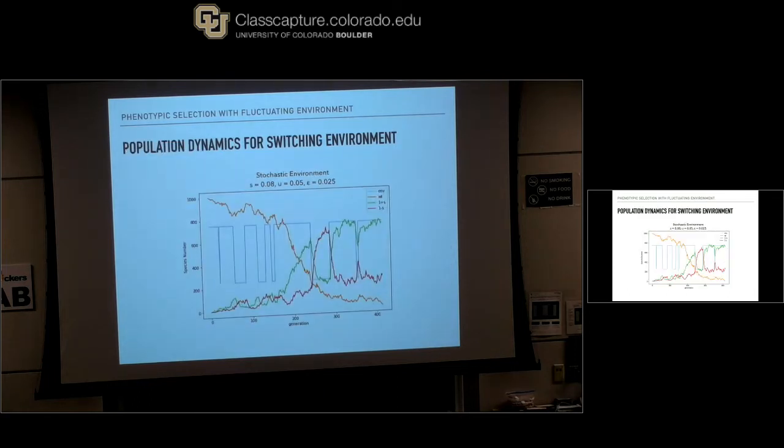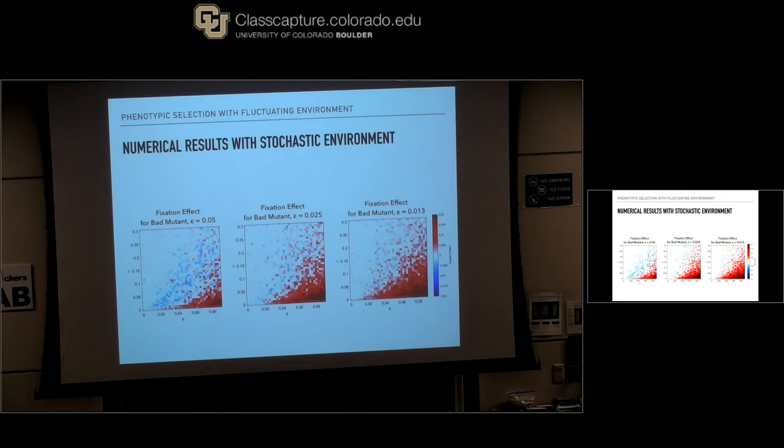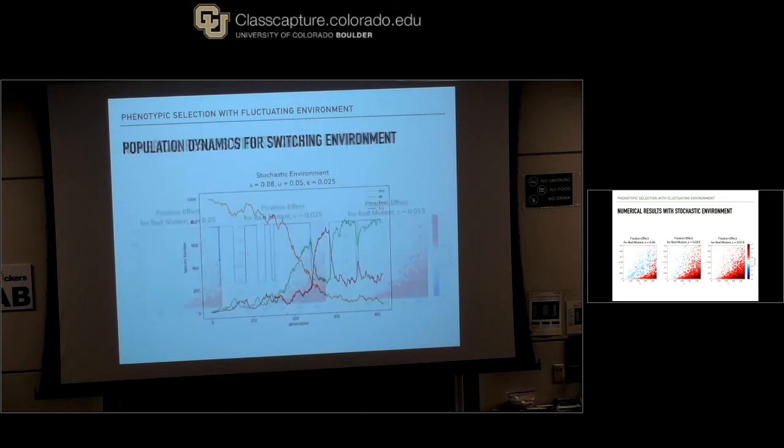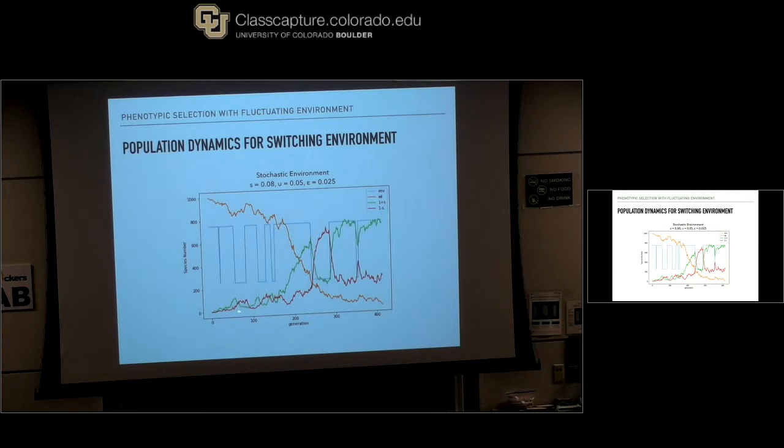This is just a sample trajectory picked out from one of these red regions. The red curve is tracking the deleterious mutant in the population, and the green curve is the good mutant in the population. It's important to note that we started with the deleterious mutant here.